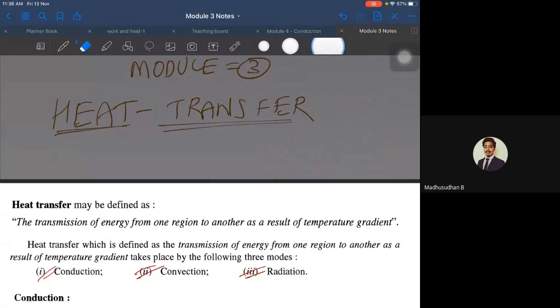So what is conduction, what is convection, and what is radiation? I expect answers from you guys. What is conduction first?